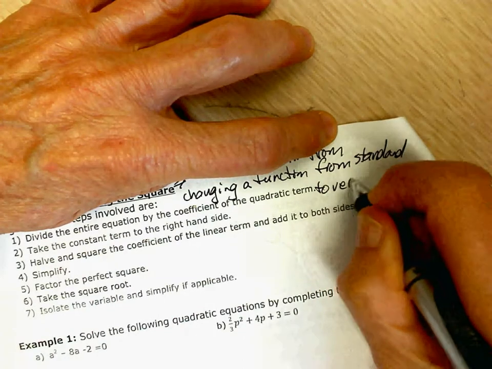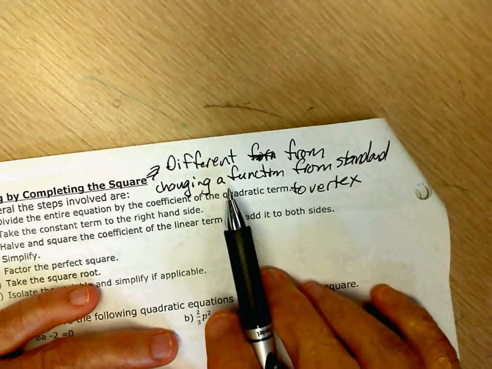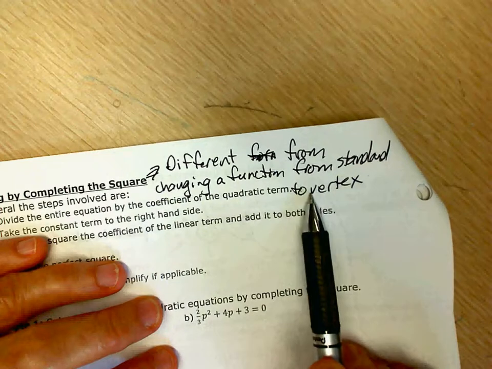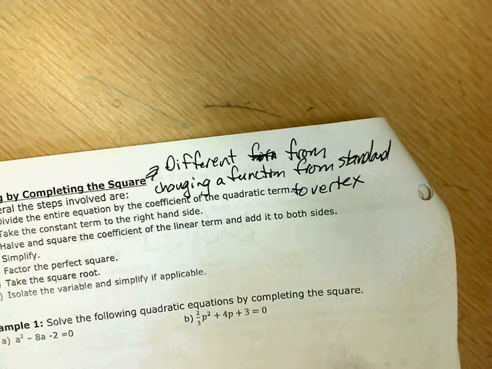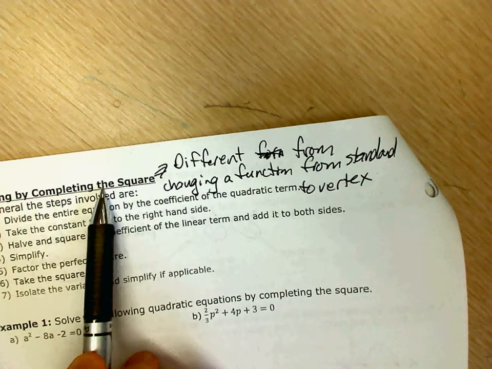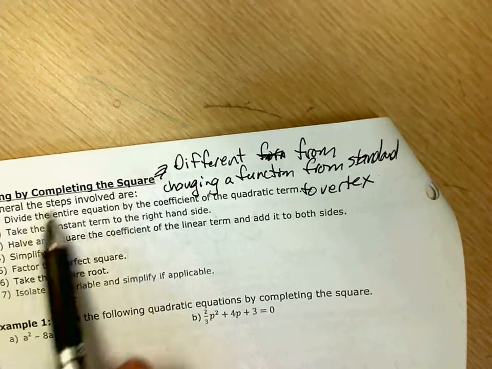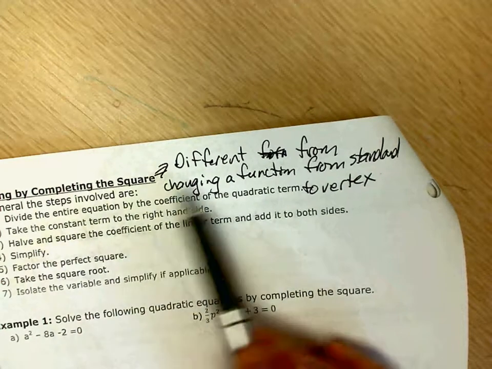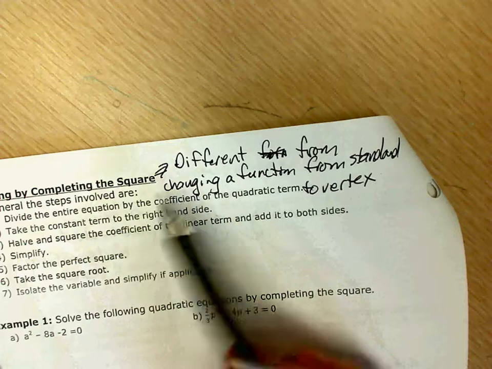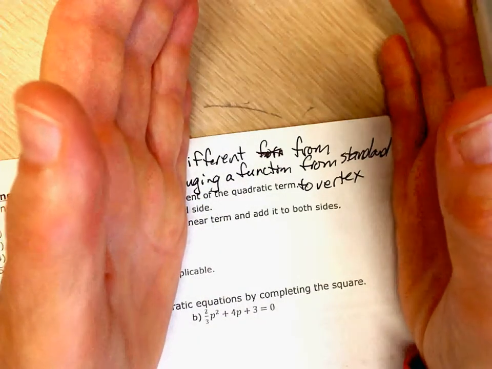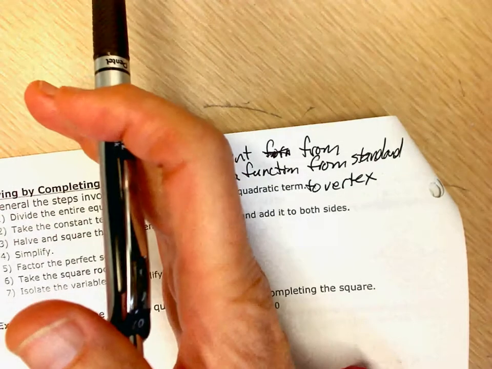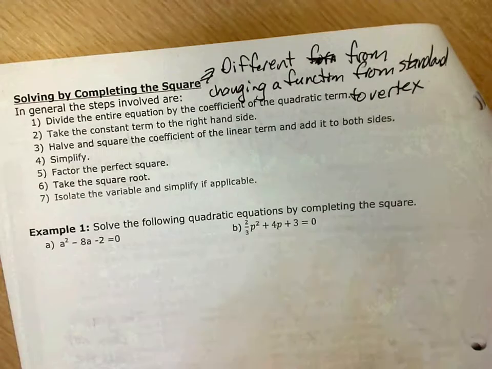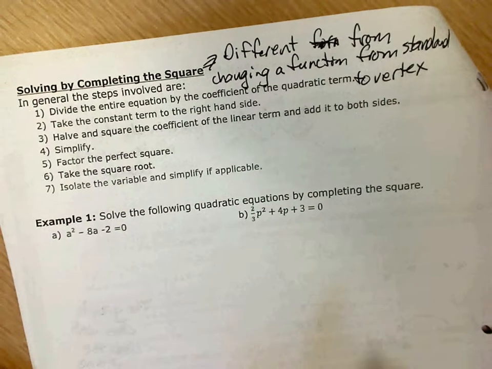On the very first day of this unit, we learned how to change a function from standard form and write it in vertex form, because you could pick off the vertex. Here we're solving by completing the square. There are some steps that are similar, but it's different. Please be aware that they're different, because students confuse these two things. In one we complete the square one way, and in the other we treat it a little bit differently. They're similar but different, and because they're similar, students get confused.